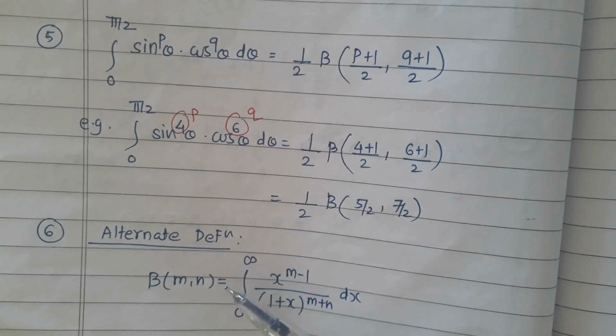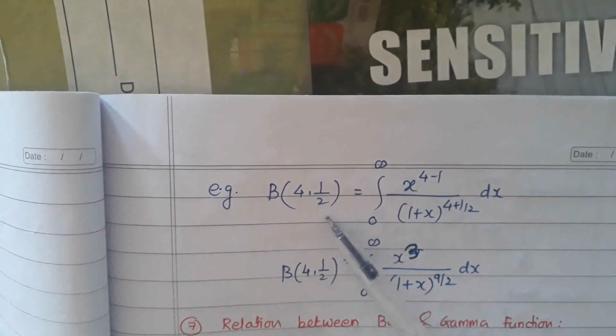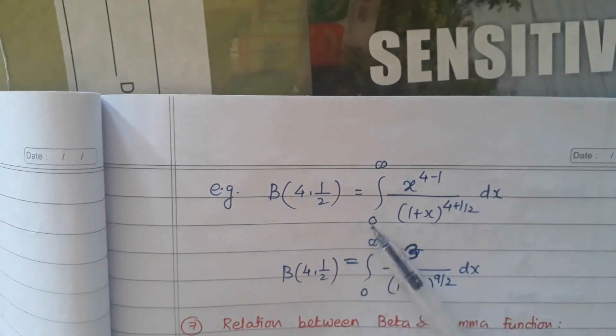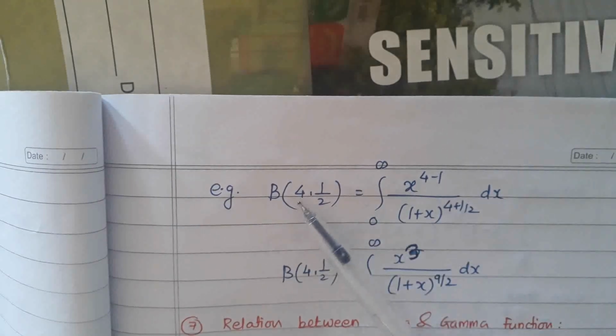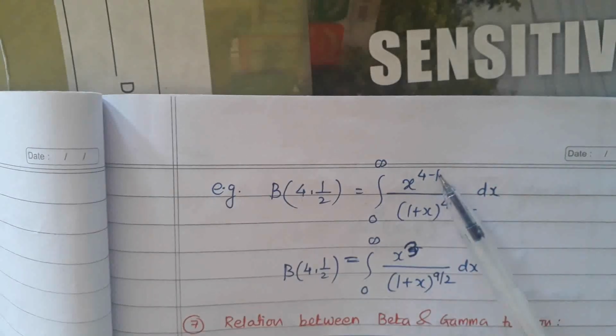You can evaluate this using the relation between beta and gamma function. Next is the important and alternate definition of the beta function. Beta(m, n) is equal to the integral from 0 to infinity of x raised to m minus 1 upon (1 plus x) raised to m plus n dx. For example, beta(4, 1 by 2) is equal to the integral from 0 to infinity, m is equal to 4, so m minus 1 becomes 4 minus 1.